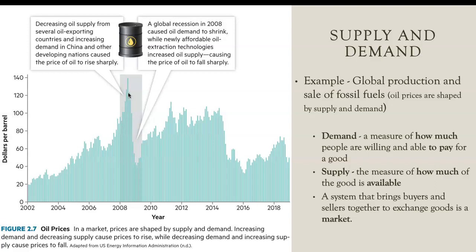And at this time, the price will rise sharply. And during the global recession, okay, because the demand goes way down and the supply goes way up, that's why the price dropped very sharply.